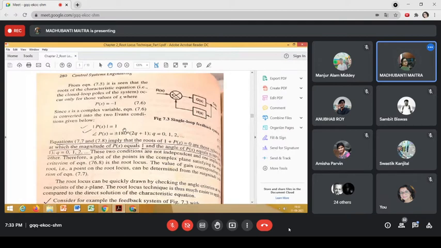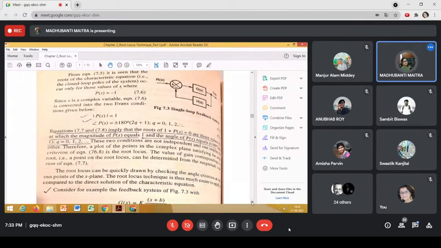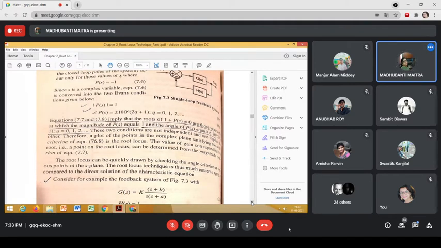And the second equation, where we get the phase angle of P(s), is called the angle criterion. So the magnitude criterion is magnitude of P(s) equal to 1, and the angle criterion is angle of P(s) will be odd multiples of plus minus 180 degrees.